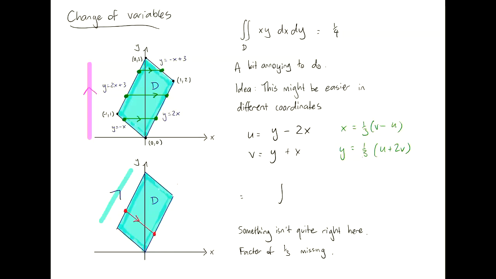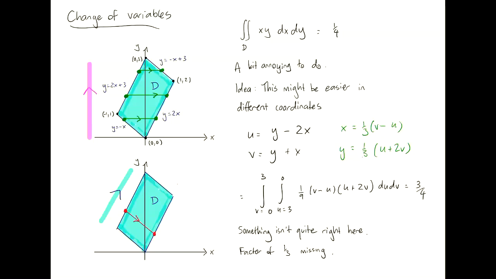Okay, so I want to go from u equals, and you can see I'm going from 3 to 0, so I've been nice and careful about this. And I'm integrating from v equals 0 to 3, and I get 1/9 v minus u plus 2v, I'm going to say du dv, and what I'm going to get is 3 over 4.